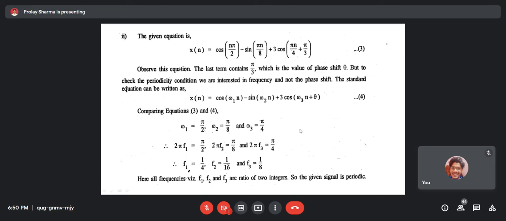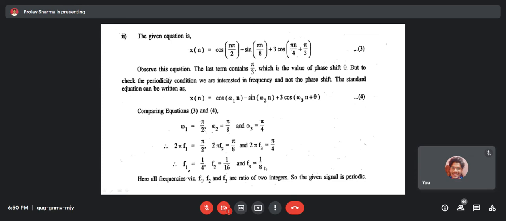Now if we find the frequencies, for the first signal the angular frequency is π/2. For the second signal, the angular frequency is π/8. And for the third signal, the angular frequency is π/4. Now, if converted into linear form, F1 is coming as 1/4, F2 is coming as 1/16, and F3 is coming as 1/8.